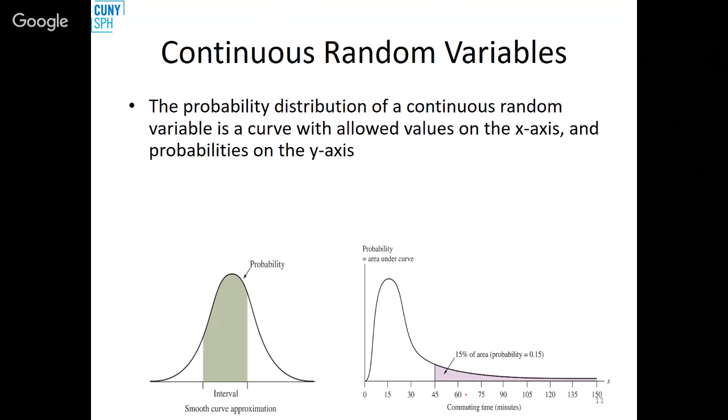For any probability distribution like this, the total area under it is going to add to 1, because the probability of having some observation, assuming there isn't missingness, like no observation, has to add up to 100%.